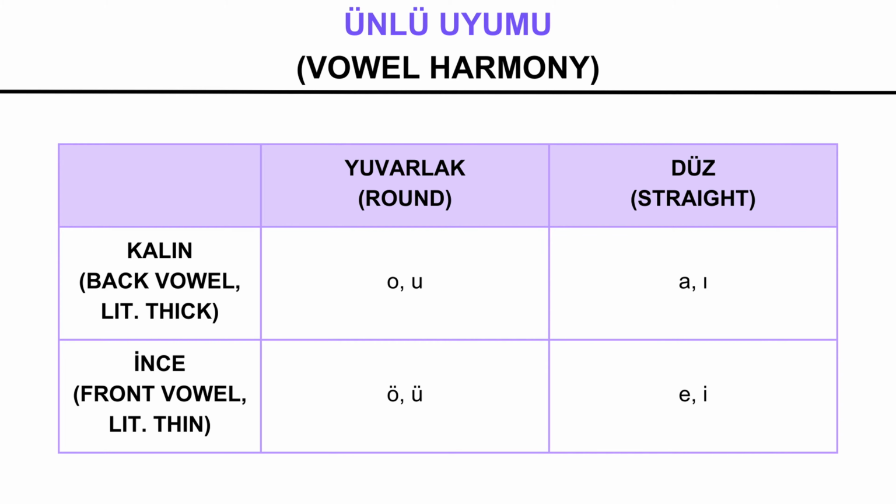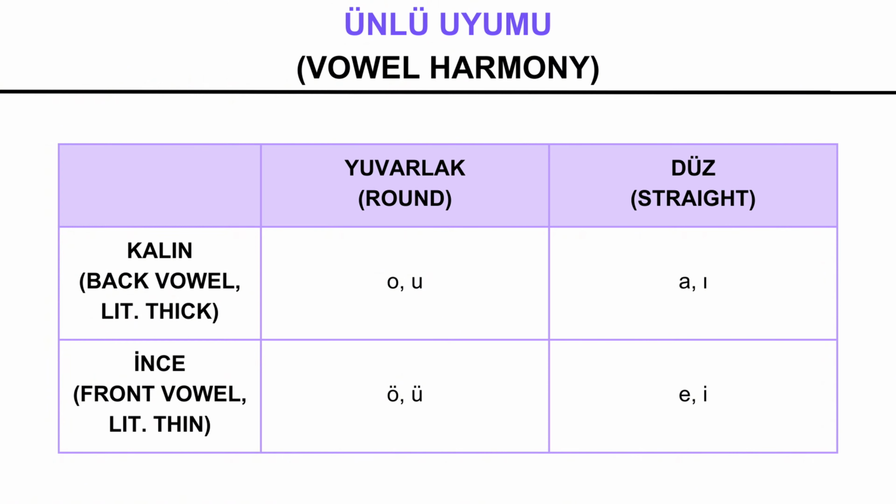In Turkish, we literally say thick, so sometimes I might say thick by accident; I mean back vowel when I say that. Kalın, or ince. İnce is front vowels, which in Turkish we literally call thin. İnce means thin, therefore it can also be called thin vowels.